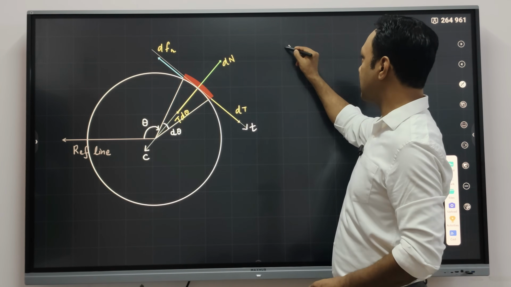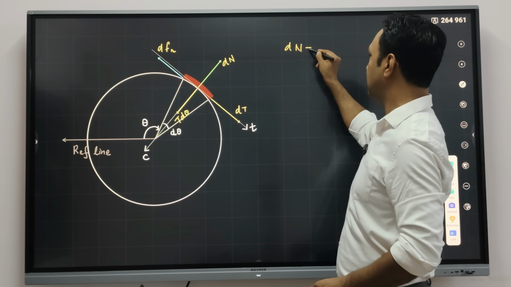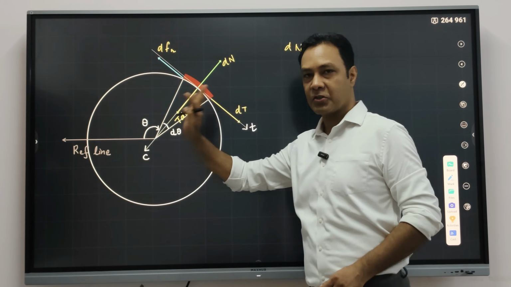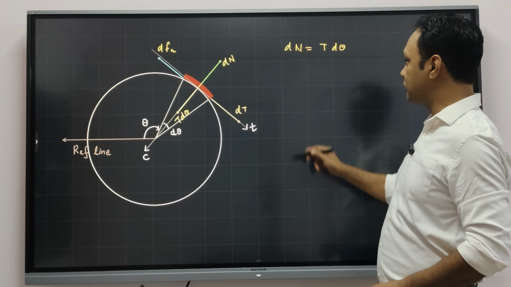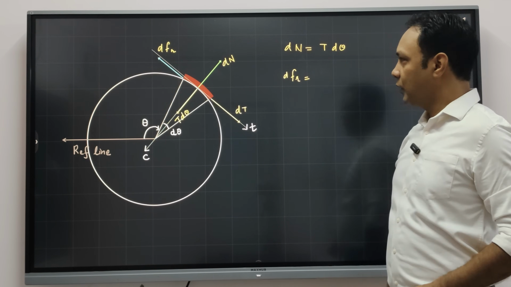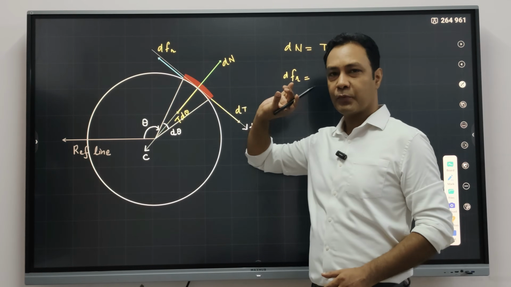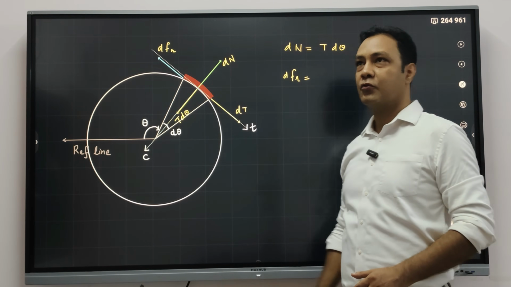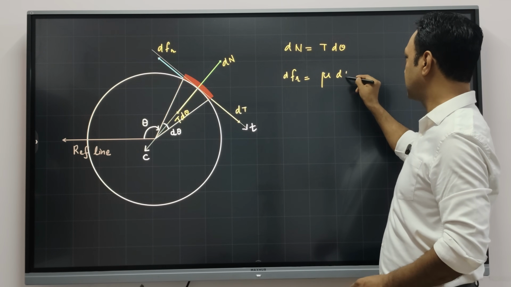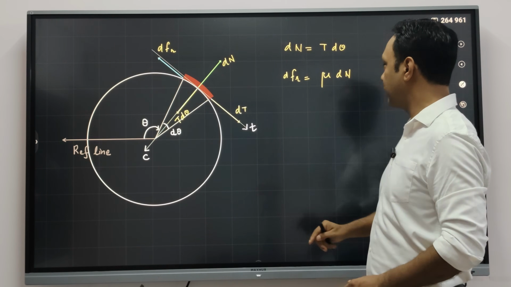So number one, dN is T d theta, since there is no motion, it is stationary. And dfr is just about to slip, so friction has reached its maximum value. So dfr is mu into dN, and from the FBD, that is dT.